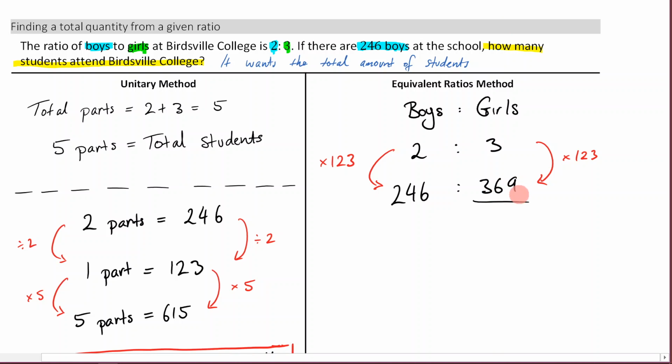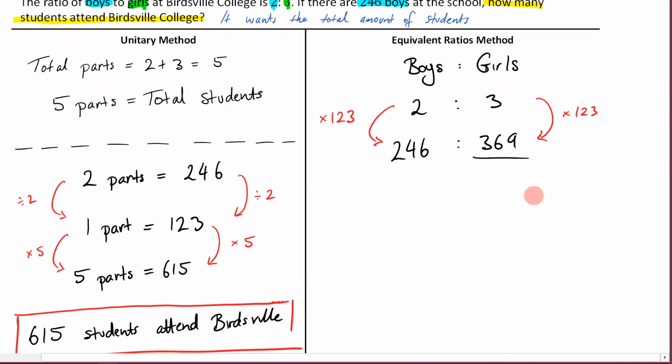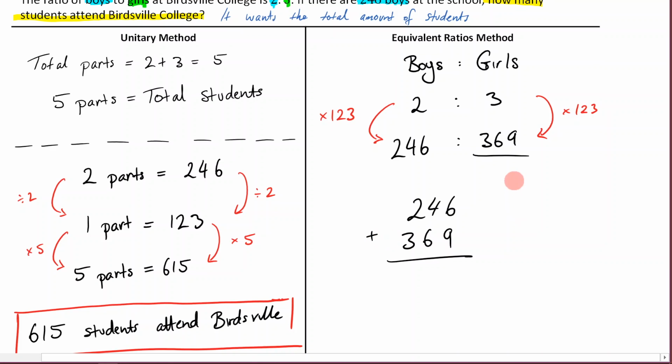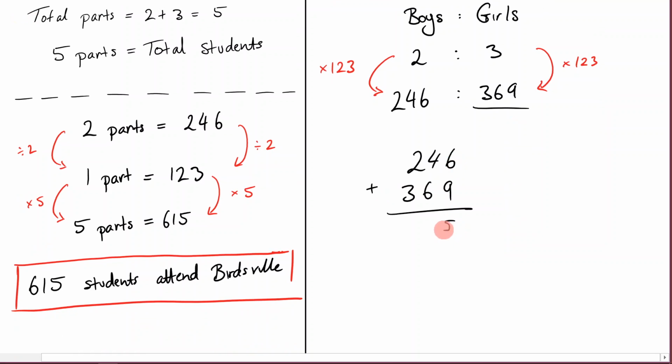And now what I have to do is add these together because I'm after the total amount of students. So I go boys plus girls. 246 plus 369. I'm plussing them together. That's going to be 15, carry the 1, 11, carry the 1, 3, 3 is 615.